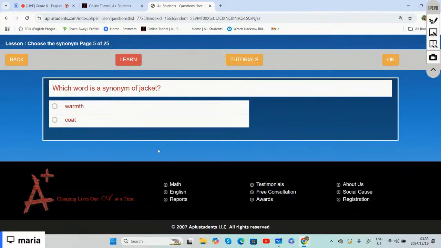Is it option one, warmth, or option two, a coat? So option one, warmth, or option two, coat.